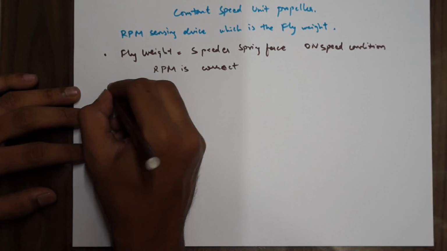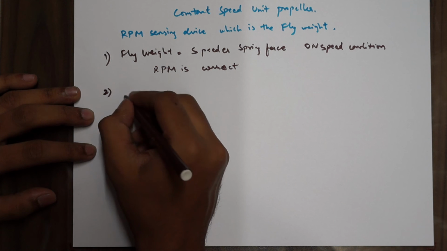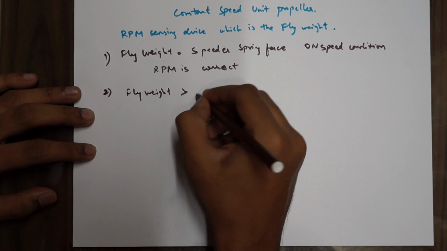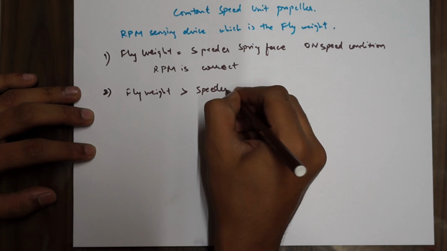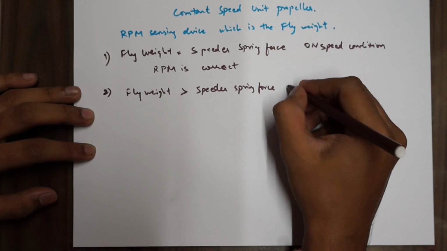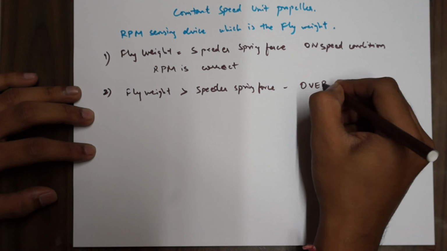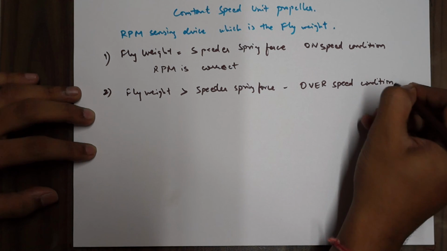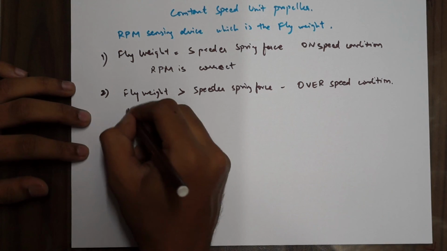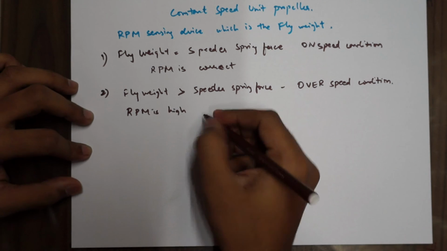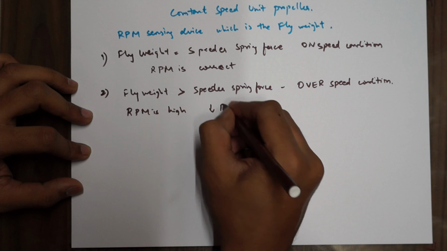Now the second point here is, if flyweight is greater than the speeder spring force, it is called over speed condition. So basically your prop is running at a higher RPM. RPM is high. Okay, and hence you have to reduce the RPM.